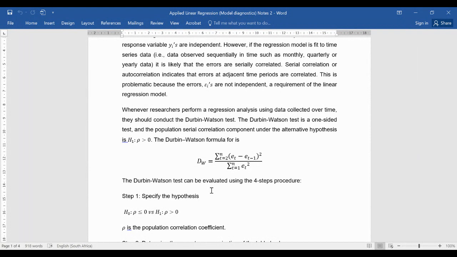In the denominator, SSE is the sum of the errors squared. So that is the formula for the Durbin-Watson, and this one is evaluated using the 4-step procedure.